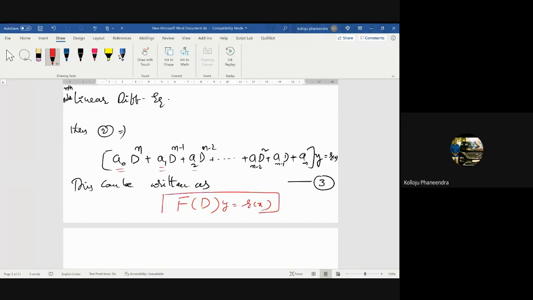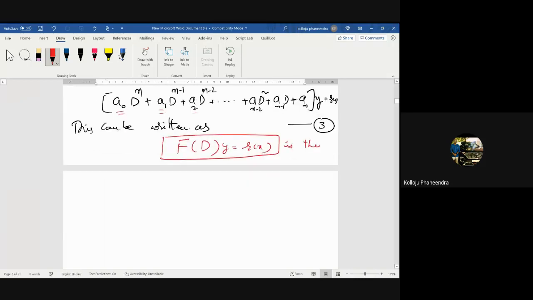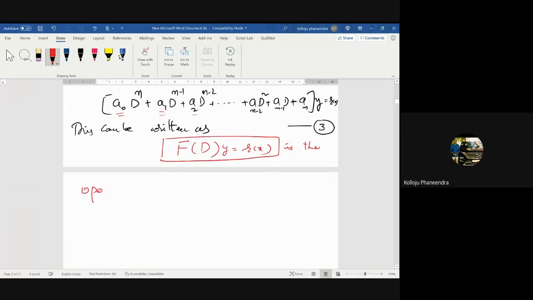Function of D into y equal to R of x is the operator form of a constant coefficient nth order linear differential equation.